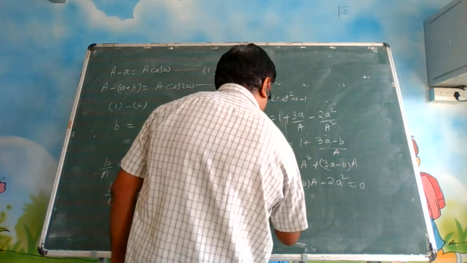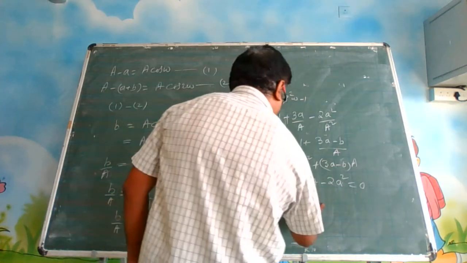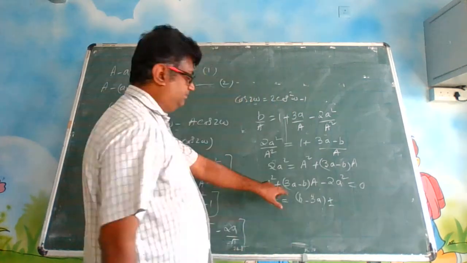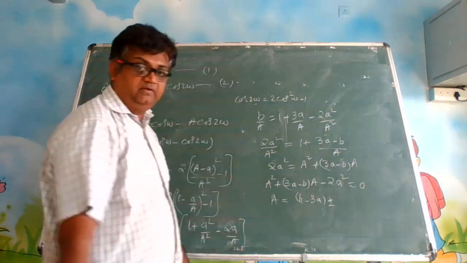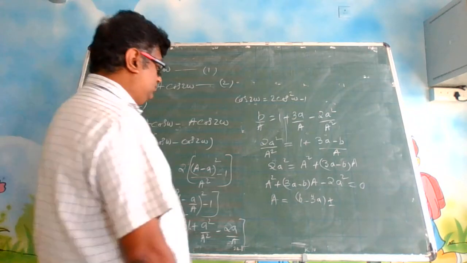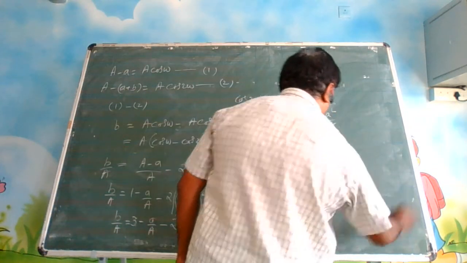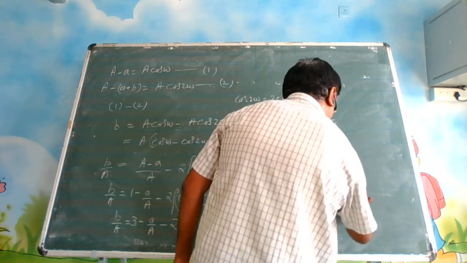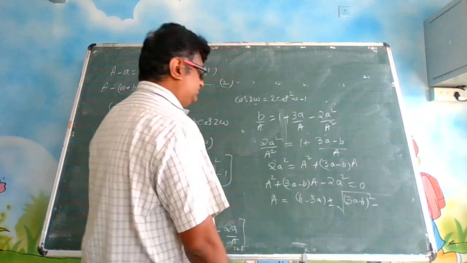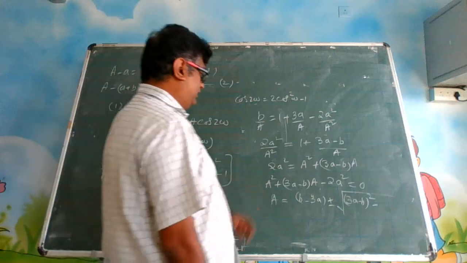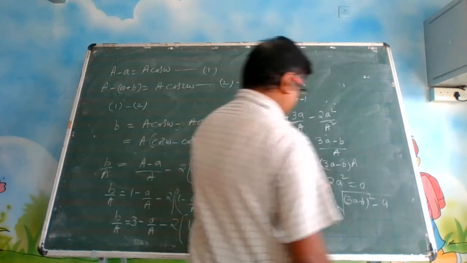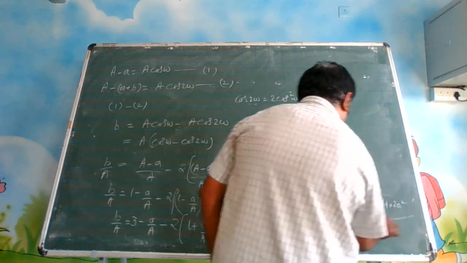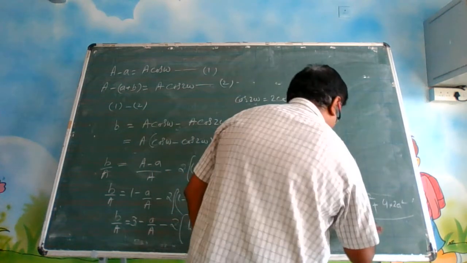So the roots are B minus 3A, minus B plus or minus root over B square minus 4AC. So 3A minus B whole square minus 4AC, 4 into, this is already minus, so this becomes plus 2A square, divided by 2.